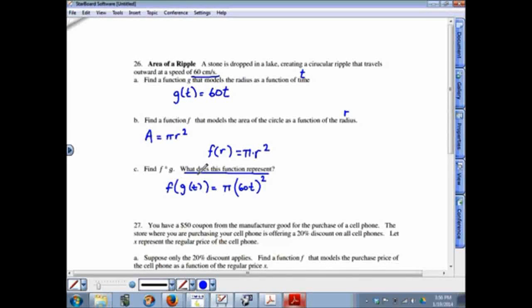So instead of describing the area in terms of its radius, this is describing the area in terms of the independent variable t. This function will give us the area at any given time t. So instead of having to know the radius to find the area, all we have to know is how much time has elapsed. Because depending on how many seconds have passed, you multiply that by 60 to find the radius, and that squared times pi will give you the area of the circle.